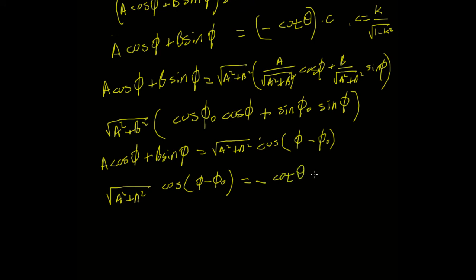cot theta times c. Now if we take these values of c over and create just one constant, one value, and we just call it a, then we would end up with a cos of phi minus phi naught would equal cot theta, and the negative side is taken in with this value of a.